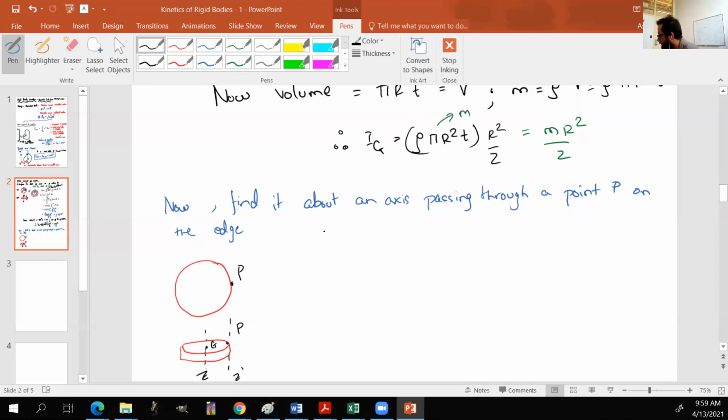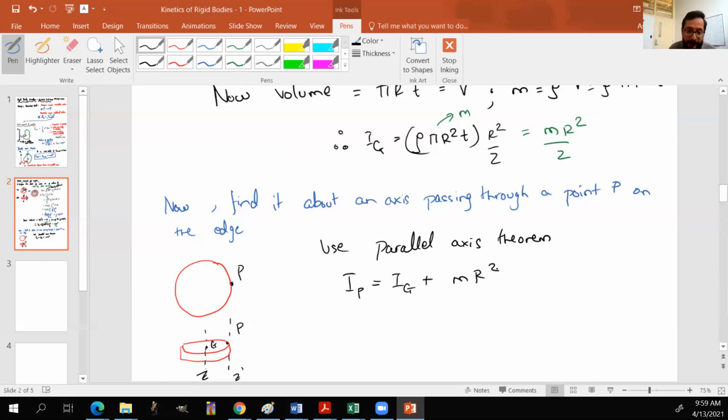Use the parallel axis theorem. So IP is equal to IG plus M R squared. Here the d is just the radius R. So that's equal to M R squared over 2 plus M R squared, which is 3 over 2 M R squared.